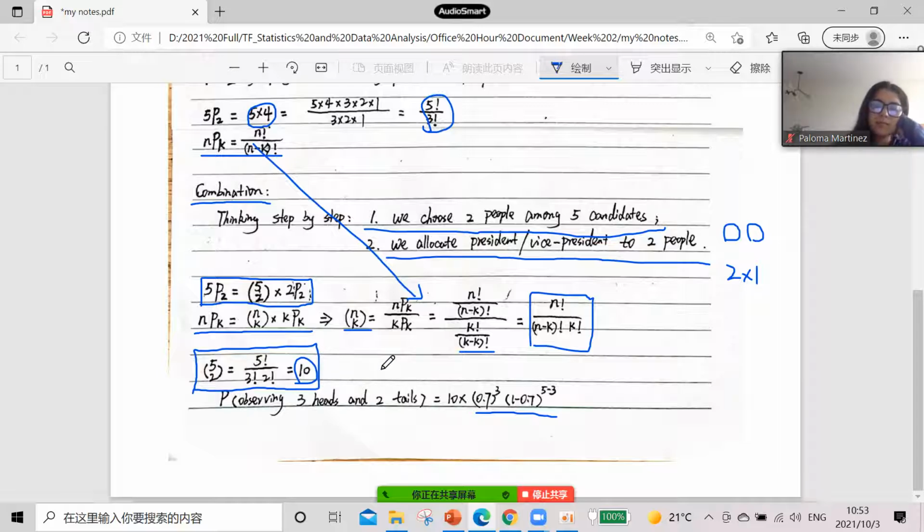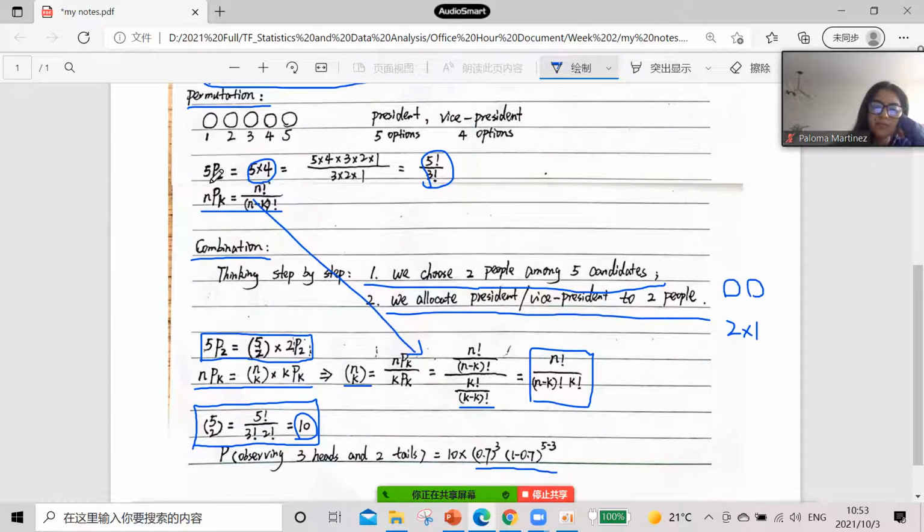And if you see the number here, 10, I don't know if that reminds you of something, but 5 permutation 2 equals 20, and 5 choose 2 equals 10. There is a relationship actually, and it's easy to understand because 5 permutation 2 is simply, I just choose 2 people from 5. I have 10 options, and then I allocate them to president and vice president.